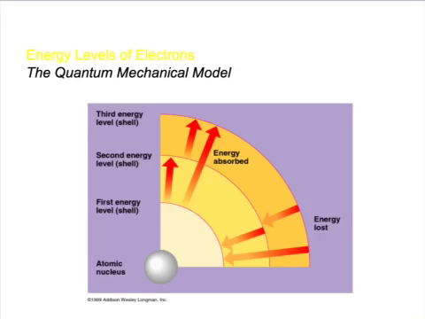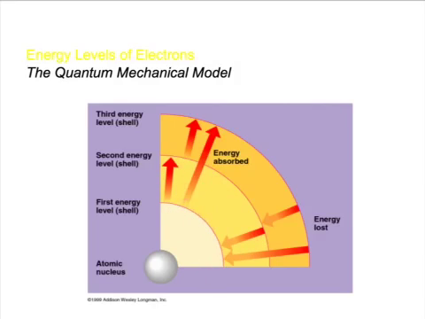As you can see here, this is a picture of an electron cloud. You have the nucleus in the center, where your protons and neutrons are located, and each of these separate levels, also known as energy levels or electron clouds, can hold different amounts of electrons.